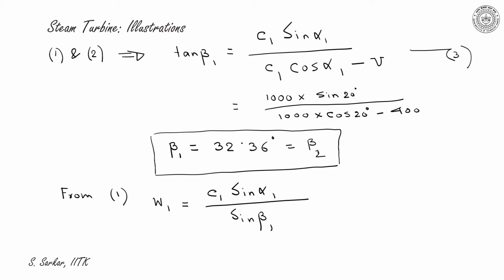C1 is known to you, and so are alpha 1 and beta 1. So if we evaluate, you will get 639 meter per second. In this case, this also would be equal to W2, since K is equal to 1.